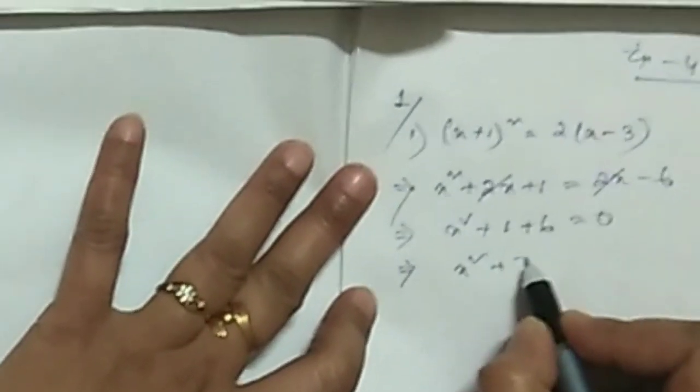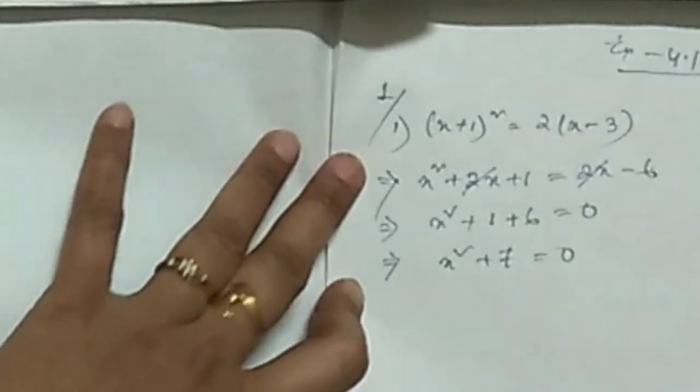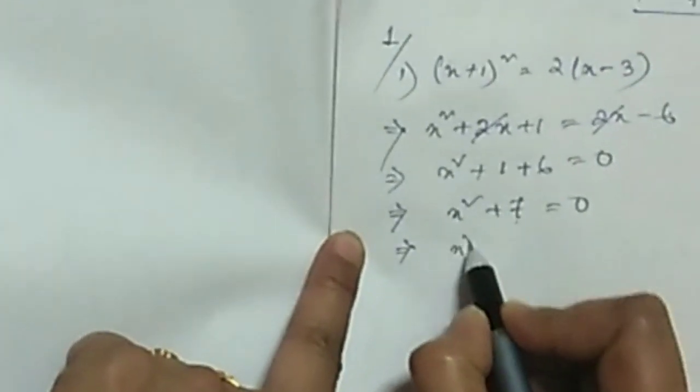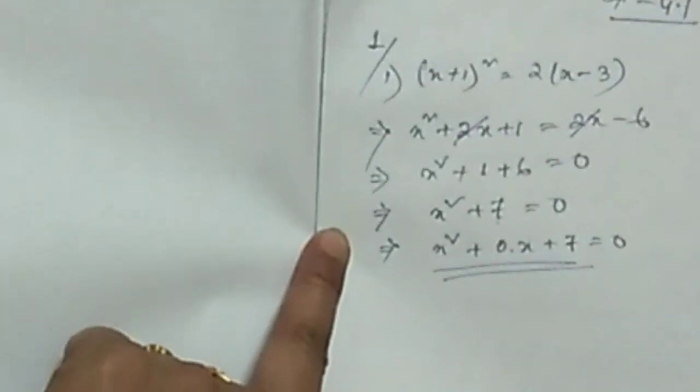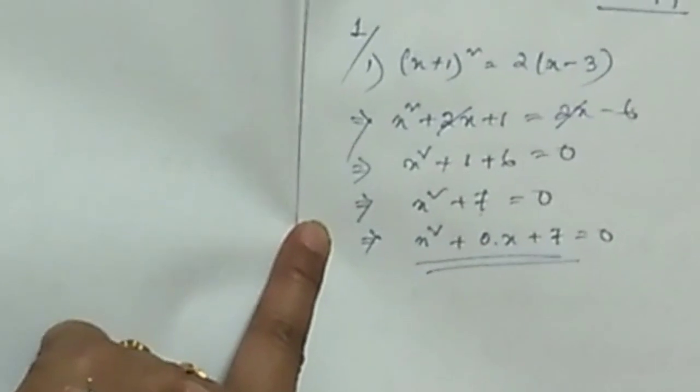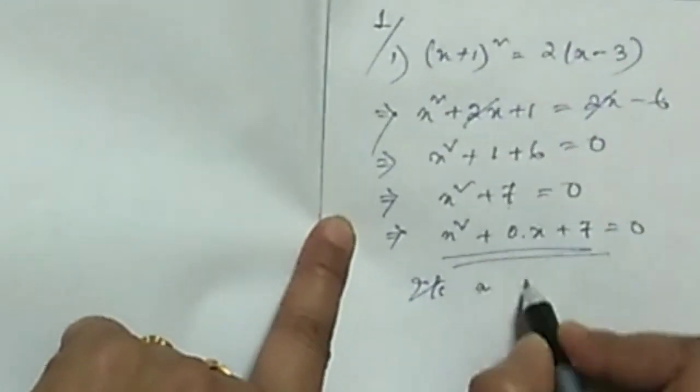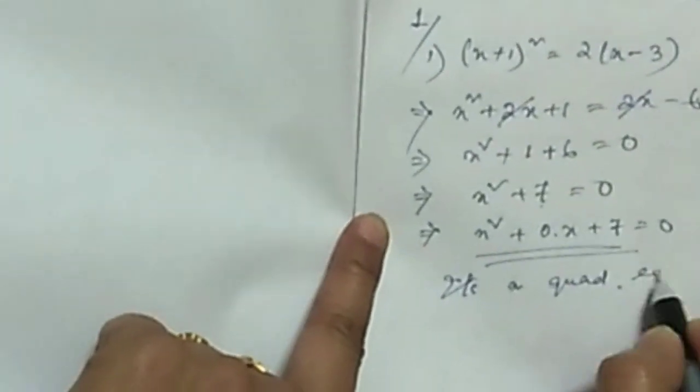Thus the equation is x square plus 7, which can be written as x square plus 0 into x plus 7 equal to 0. So it is in the form of ax square plus bx plus c equals 0. Therefore, it is a quadratic equation.